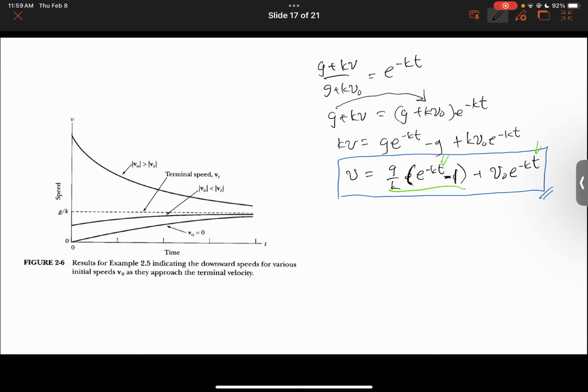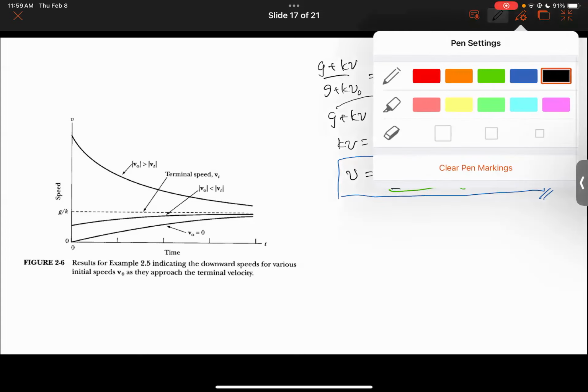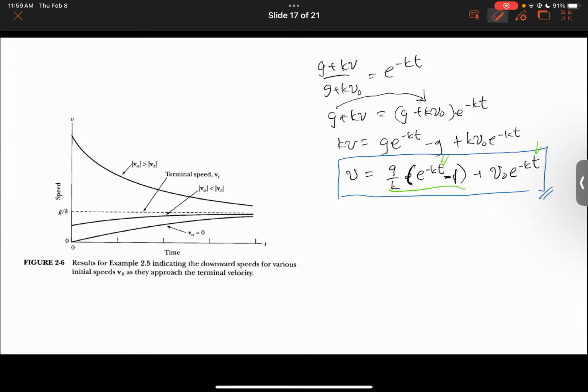Okay, and what else? Ano pa yung isang evidence na somewhat reasonable itong solution na ito? Well, before nung hindi pa perpendicular yung weight dun sa resistive force, ang solution lang natin was V naught exponential minus KT.